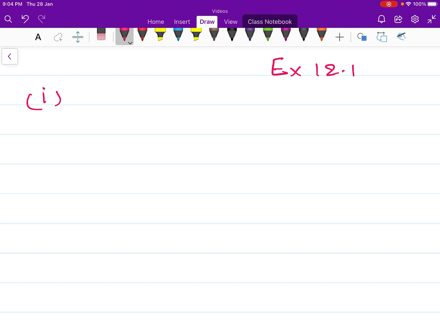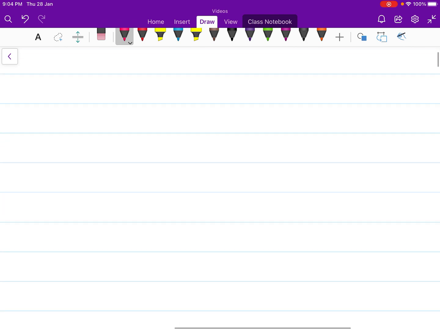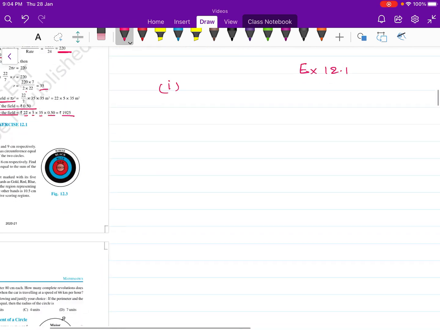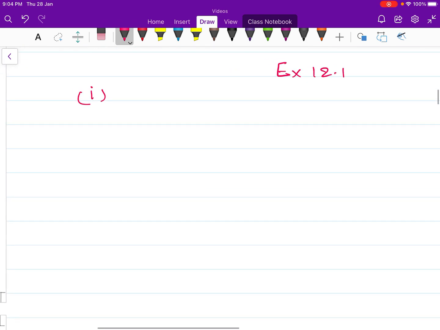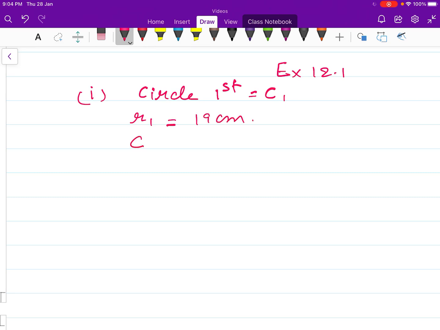Now here, let us take circle 1. The circumference we call C1. Radius R1 is equal to 19 cm. Therefore, circumference C1 is equal to 2 pi R1, which is 2 into pi into 19.